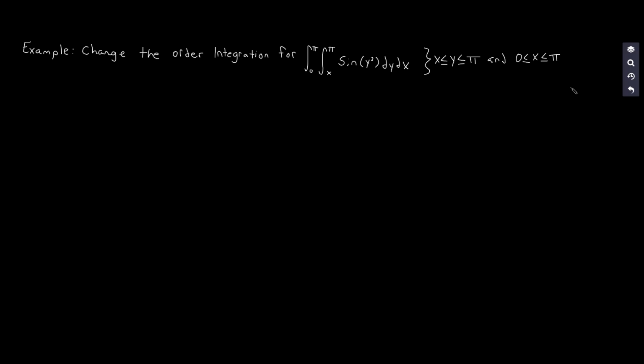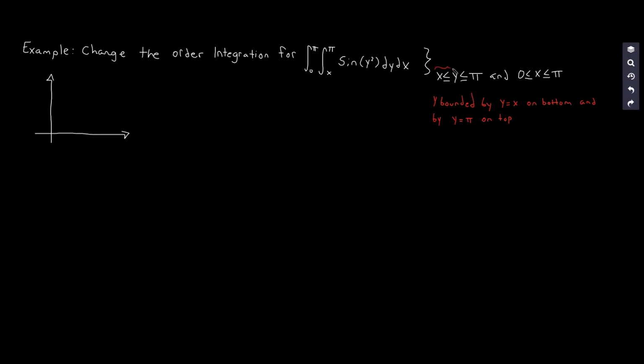So y is bounded by y equals x on the bottom and by y equals pi on the top. So I'm going to try to draw this. I want to turn our attention to this here. x is less than or equal to y. This is important because this means that x could be equal to y, but it could also be less than y.